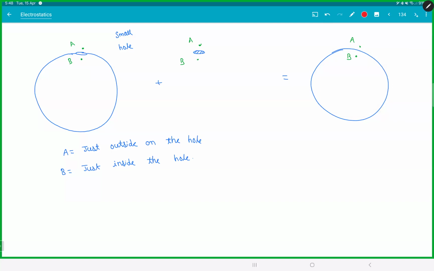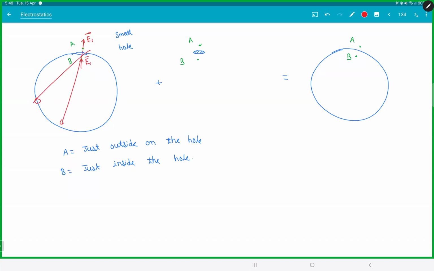Now, due to this entire shell, these charges will be repelling. You can see by symmetry, the field at point A will be outward. Let's call it E1. Agreed? Similarly, at B also, it will be E1. Why? Think about it.